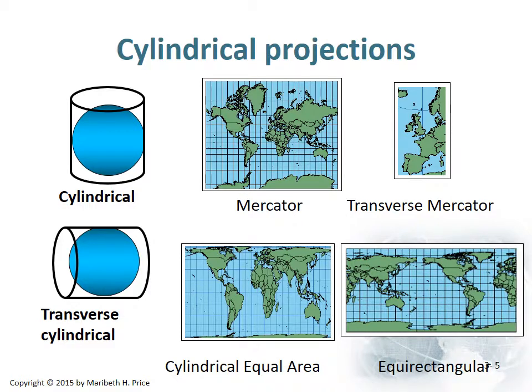Transverse Mercator, since it's going to be tangent at one line of longitude, one meridian on the Earth's surface, it's really good at focusing in on any particular area around that line of longitude. So it might be good at looking at what we call a zone, and we split up the world into, I believe, 60 zones in UTM. And here in Idaho, we're zone 11, zone 12, zone 13.